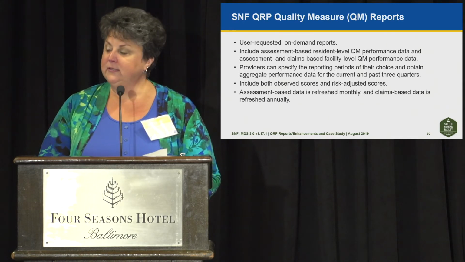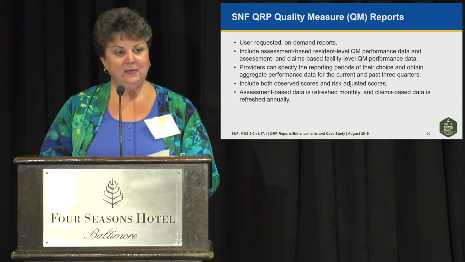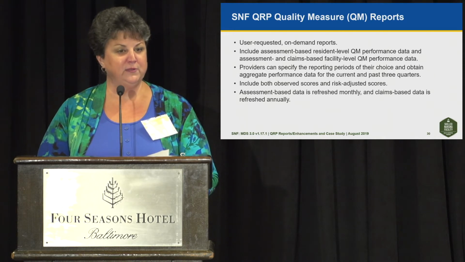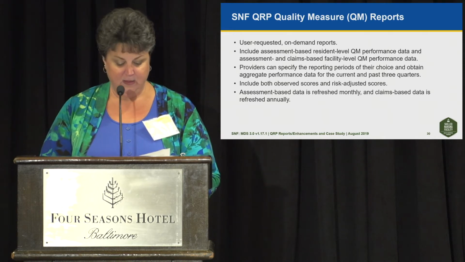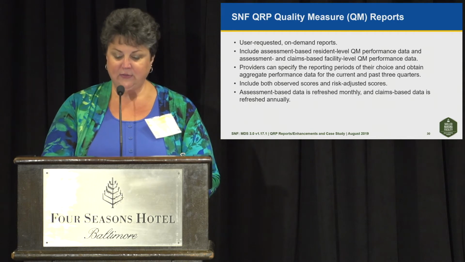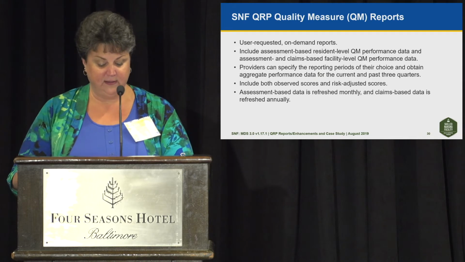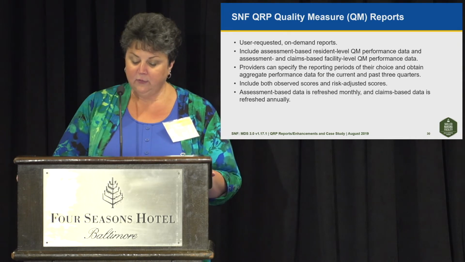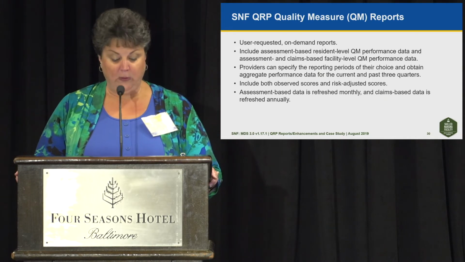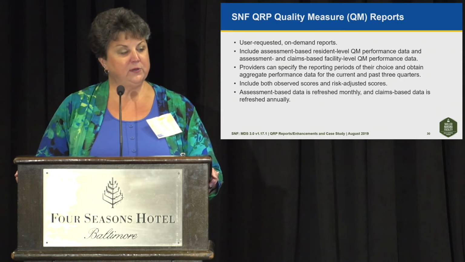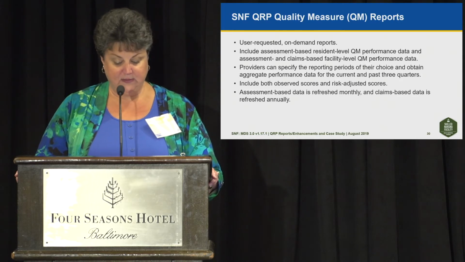One important thing to note about this report is that these in the review and correct reports don't match per se. And the reason is they're not static. These things are updated on different timelines. The review and correct reports are updated weekly, whereas the QM reports are going to be updated on a monthly basis.